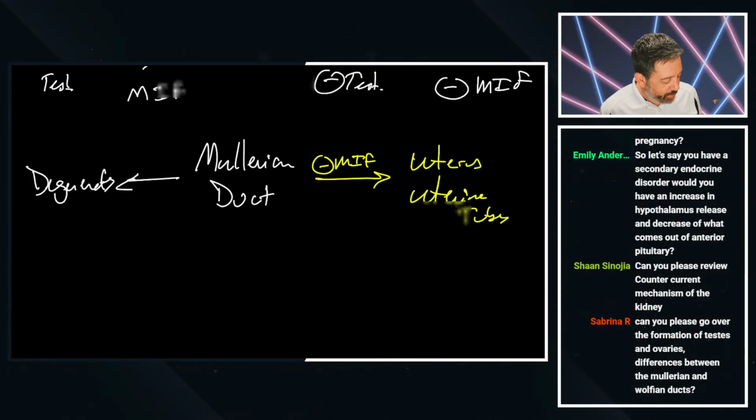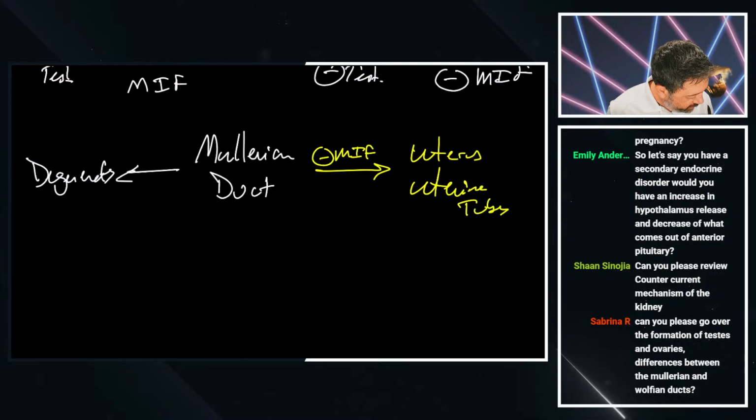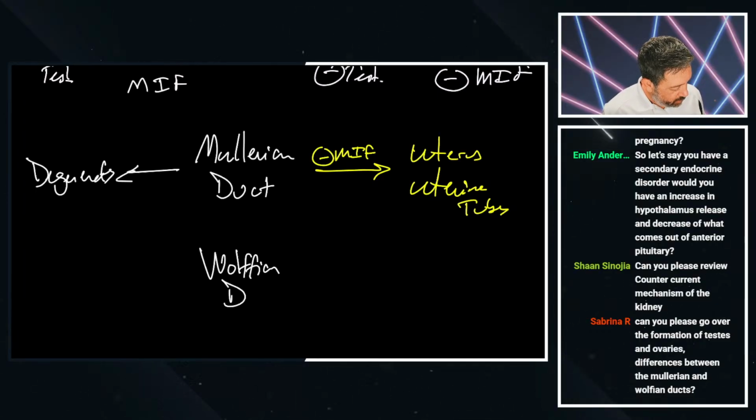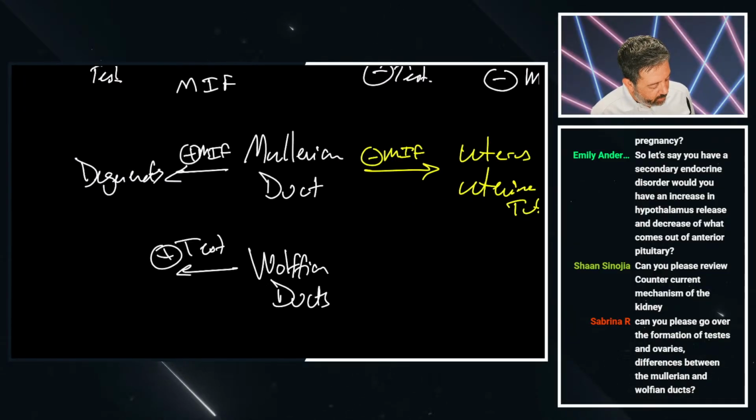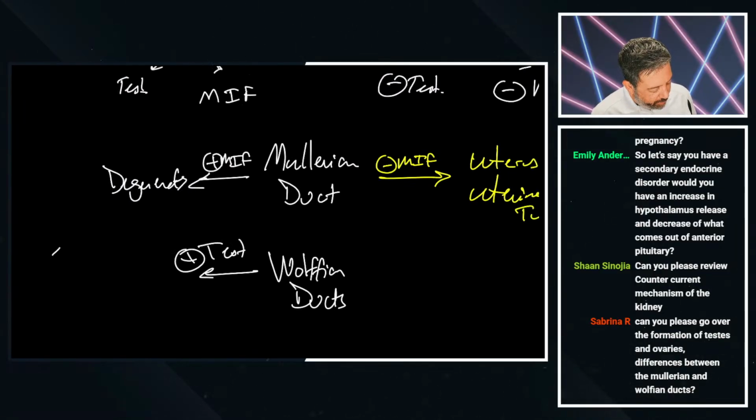The next thing that happens are these Wolffian ducts. I'll put over here, plus. In the presence of testosterone, the Wolffian ducts will turn into the epididymis. Epididymis.